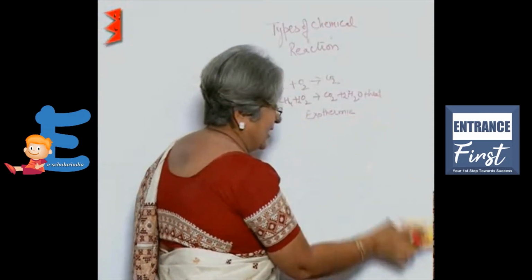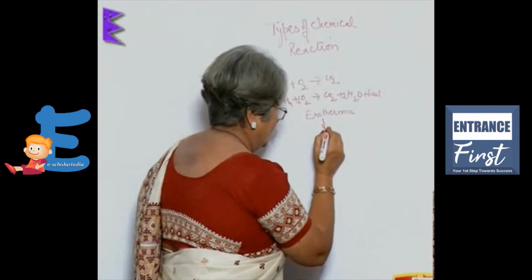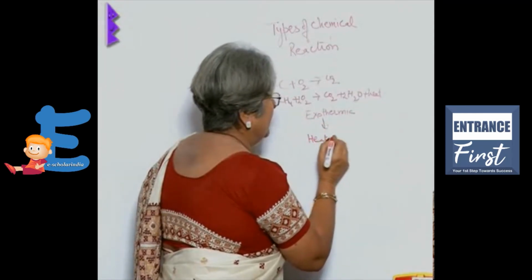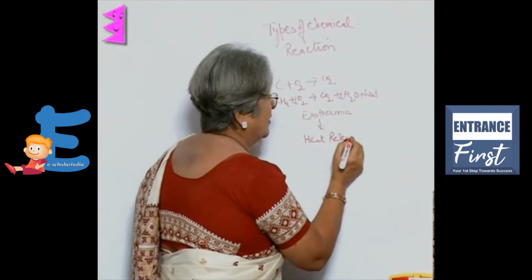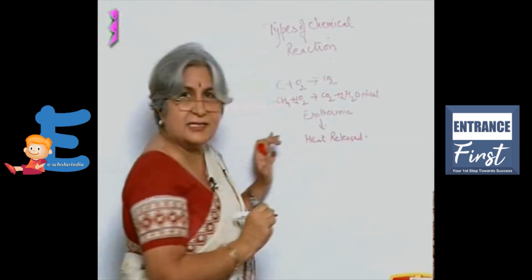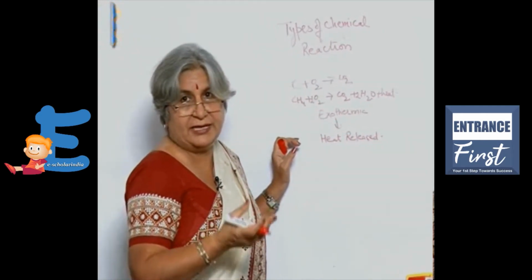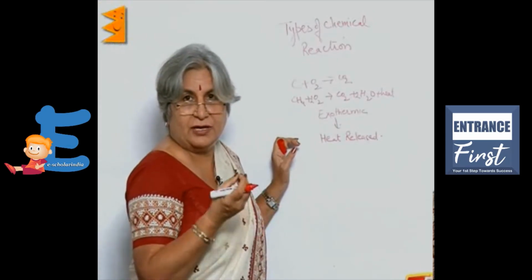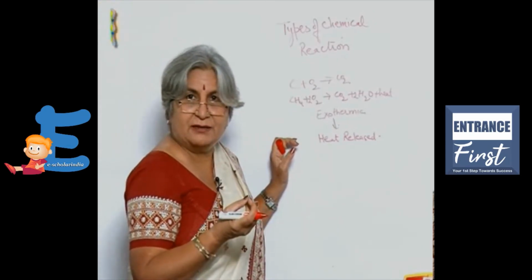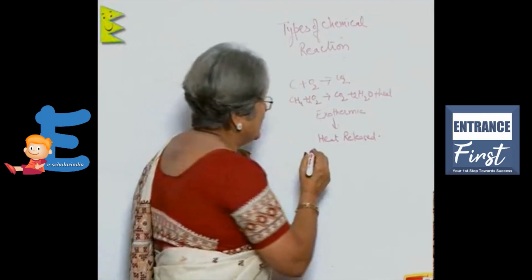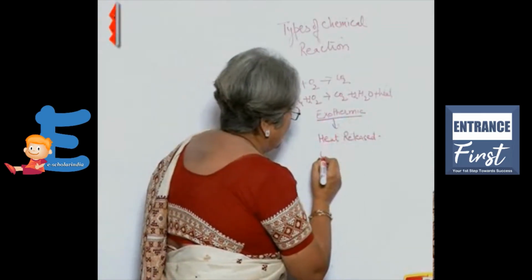So we can write it like this: heat released. Are there any cases in which heat is absorbed? Many, because when we heat a particular compound for a chemical reaction, heat is being absorbed, and such reactions are called endothermic.